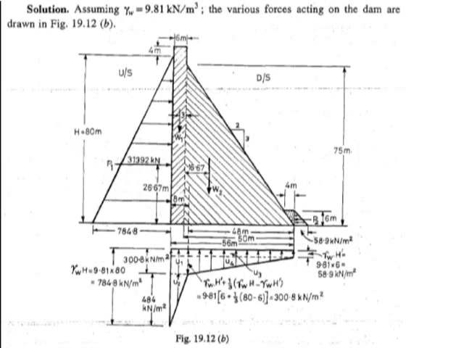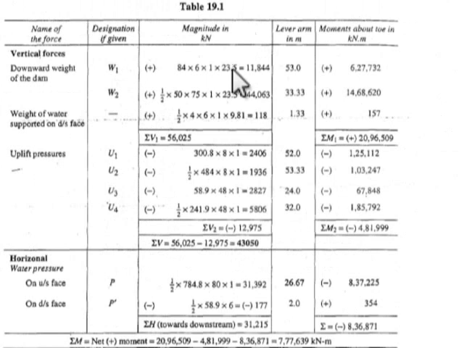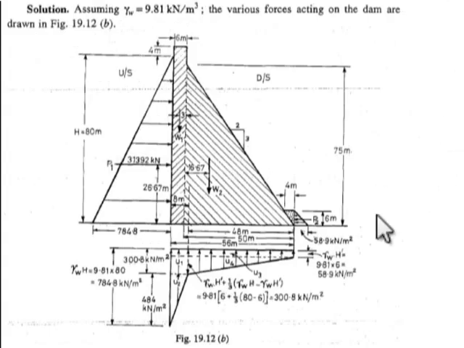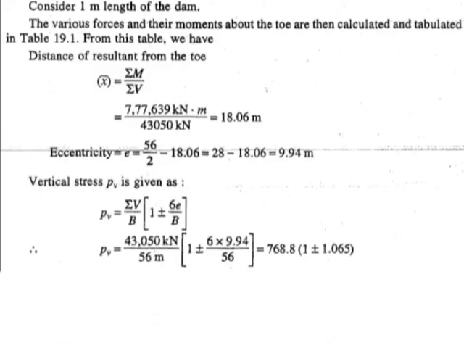So let's show this in one table. In this table there are 4 forces: vertical forces and horizontal forces. In vertical forces, there is the downward weight of the dam and the weight of the water on the downstream side. This water also contributes to the weight of the dam portion. Okay, mind it, so it is counted in the vertical force.